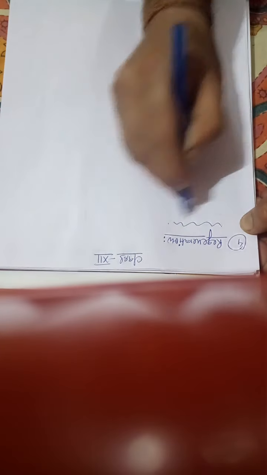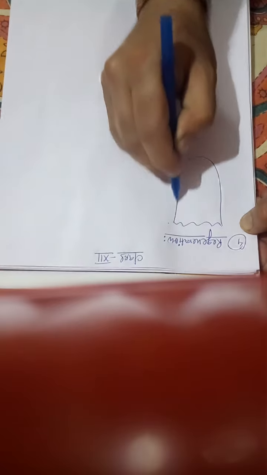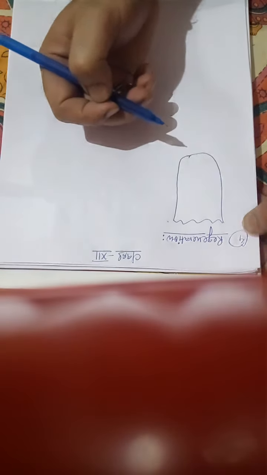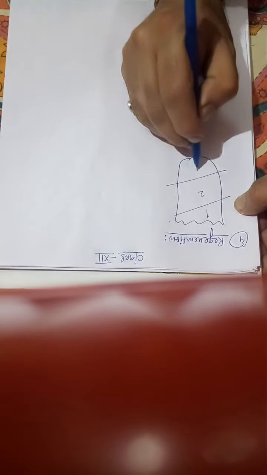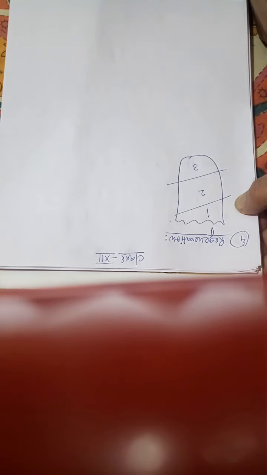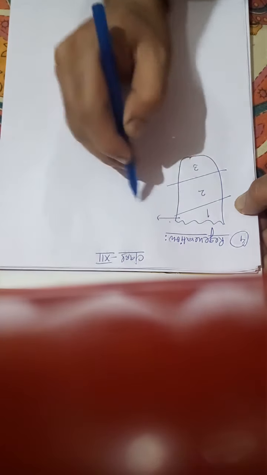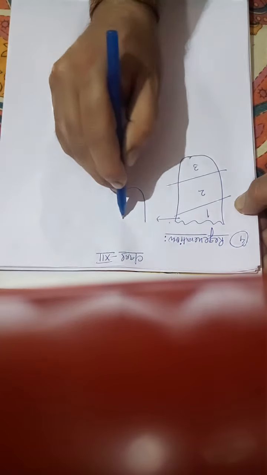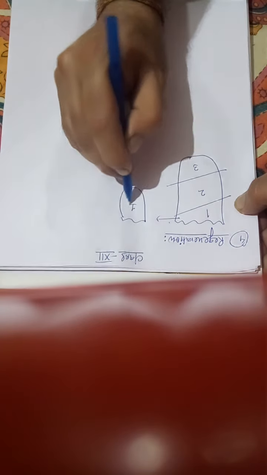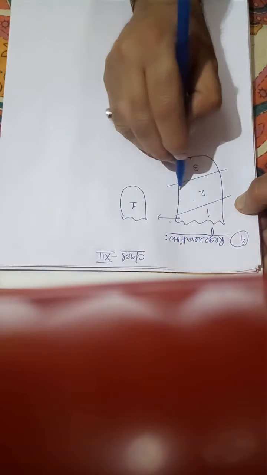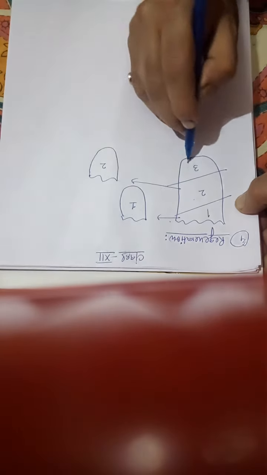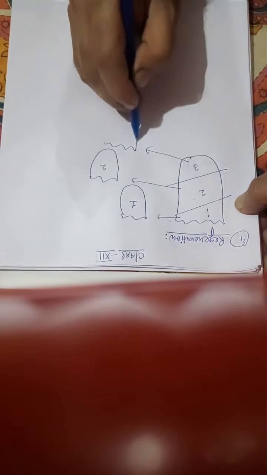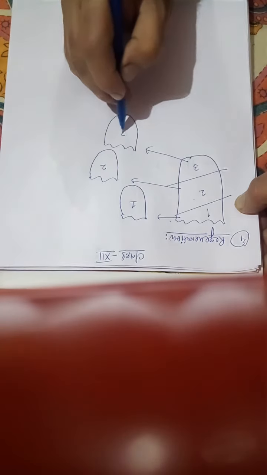Like planaria. This is the organism planaria. Due to an accidental injury, this planaria is divided into three parts. Then the first part forms the second and third parts, the second part forms the first and third parts, and the third part forms the first and second parts.